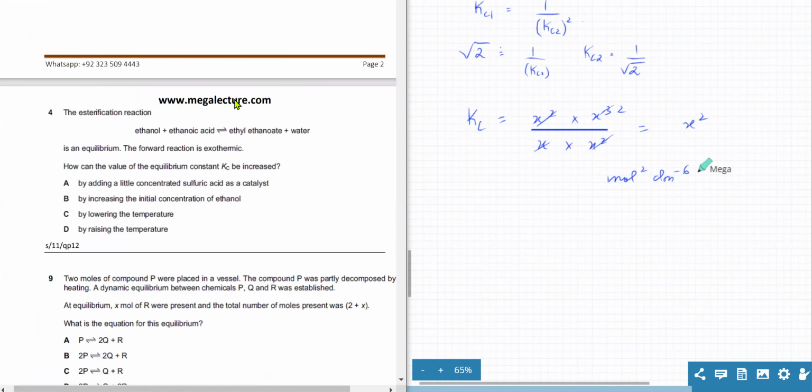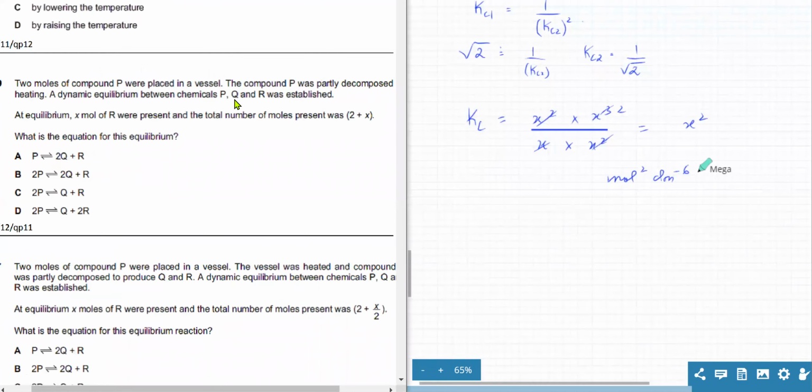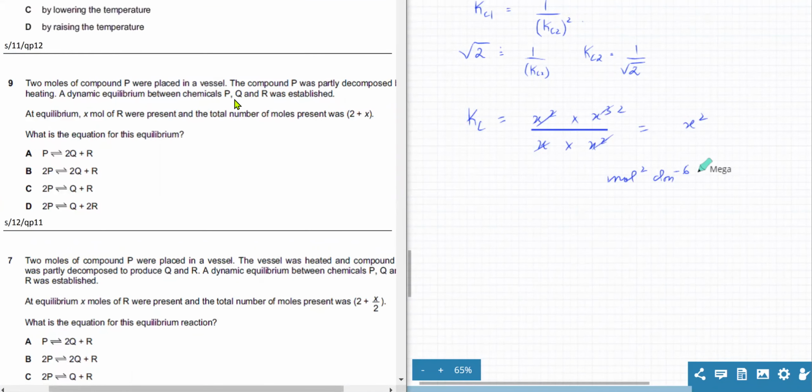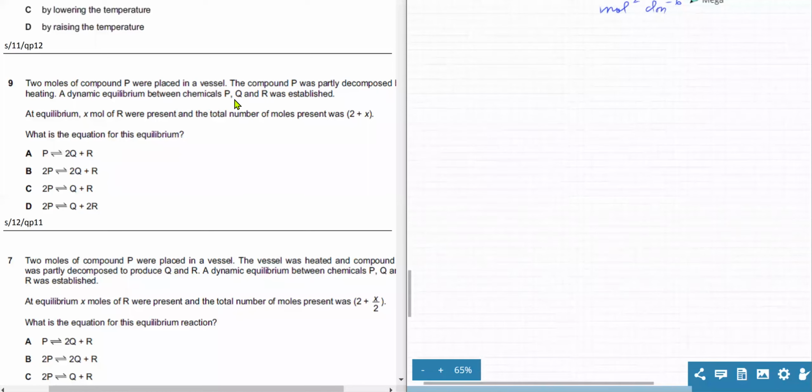So then you have this question, which I think we did previously as well. The problem with this question is you have to try each option because they're asking for the equation. They've given you that 2 moles of P were placed in a vessel.